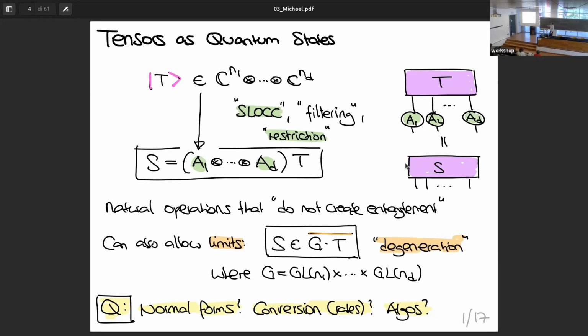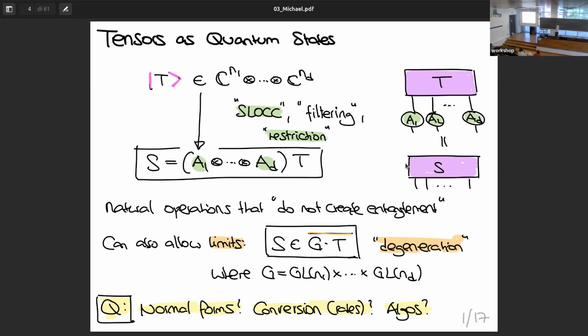So that leads us to a natural group action, the tensor action by this product group GL_n1 times GL_n2 times, and so on up to GL_nd. Okay. And so an element in the closure of that orbit, well, people call it a degeneration. Okay, so it's a sequence of matrices of this form, such that if you hammer them on T, then the limit point is S. Okay, it's the boundary of the orbit of T that is mentioned.